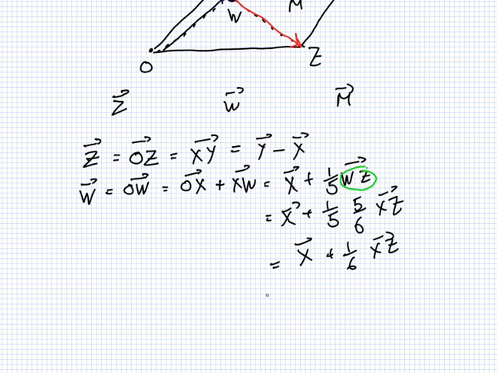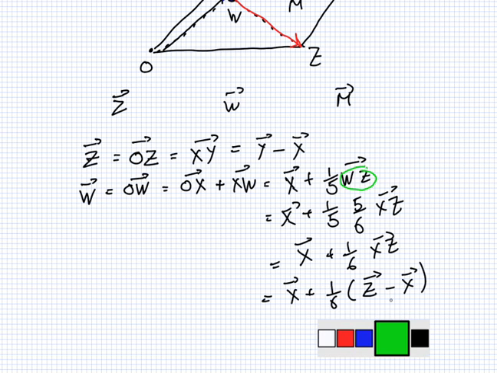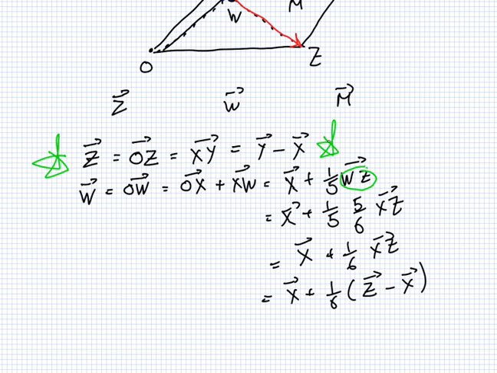Now, what rule should we use next? What do you think we should do next? I think we should split the XZ into z minus x. We want x in our answer. What do we not want in our answer here? The z. But remember, we have a formula for z from part 1. It's right here. Z is y minus x. So I can sub that in. I get x plus 1/6 of y minus x minus x.